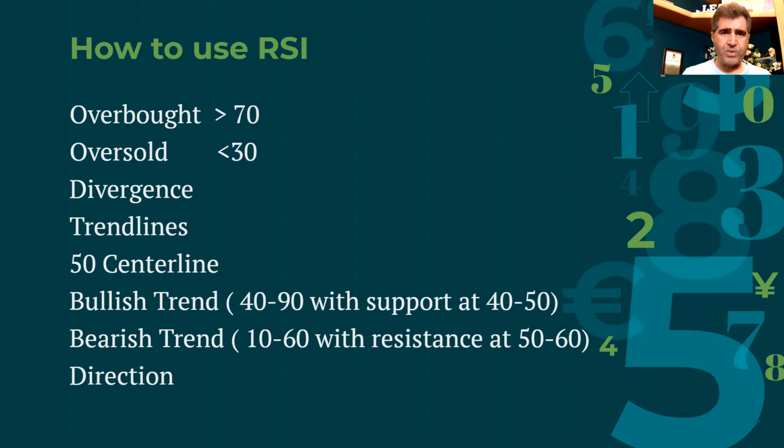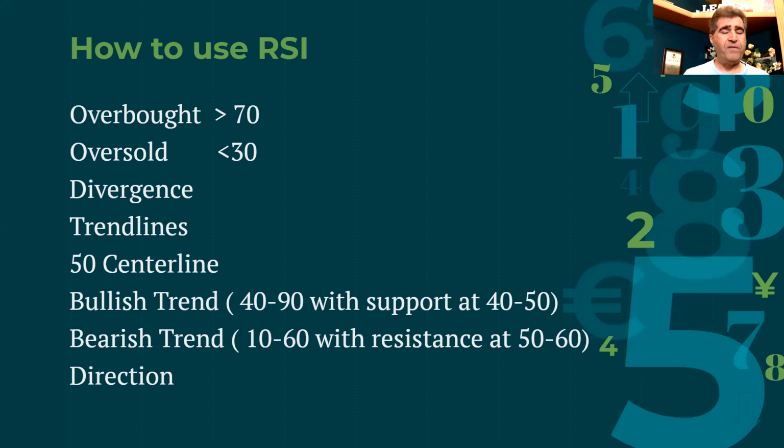It just means be aware that it's strong, but be careful, it could be overstretched. Oversold means under 30. That was the guideline: if it goes under 30, that is oversold, but if it comes back over 30, the move can now be reversed, and maybe that could initiate a new position.